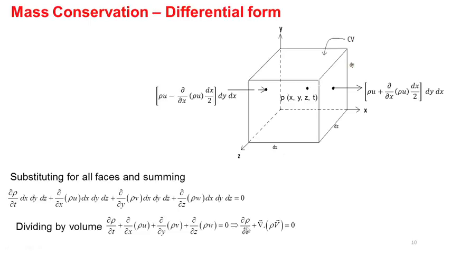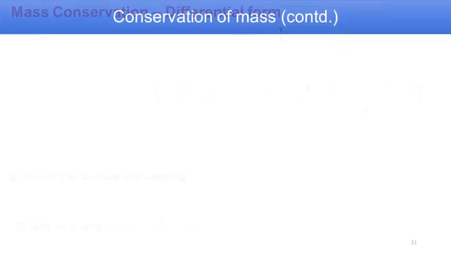And you also know how to write it in another form: dou rho by dou t plus del dot rho v equal to 0. Okay.